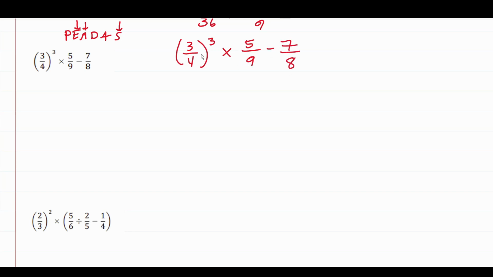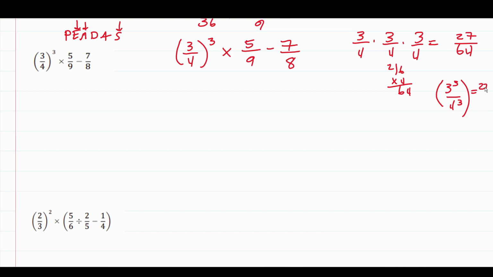All right, so let's take care of this exponent. There's two ways you can do this one. Again, I'm going to do it off to the side. You can either regard 3/4 cubed as 3/4 times 3/4 times 3/4, which would be 3 times 3 times 3, which is 27 over 4 times 4 times 4, which is 64. Or you could have written it as 3 cubed over 4 cubed, which would have been 27 over 64.